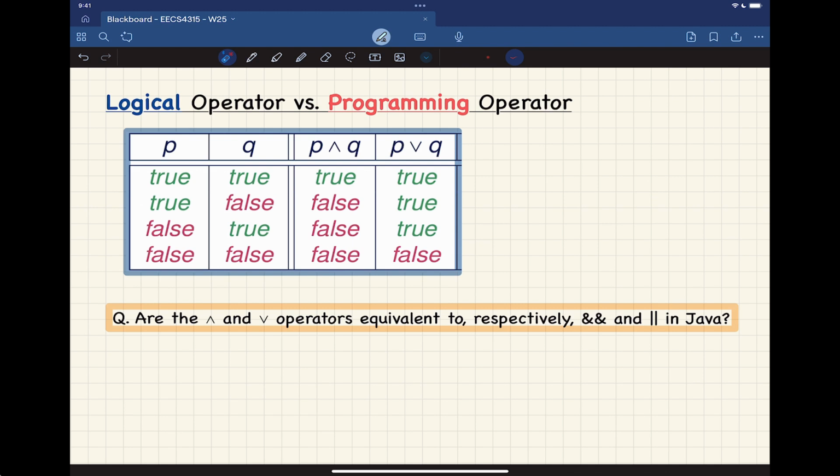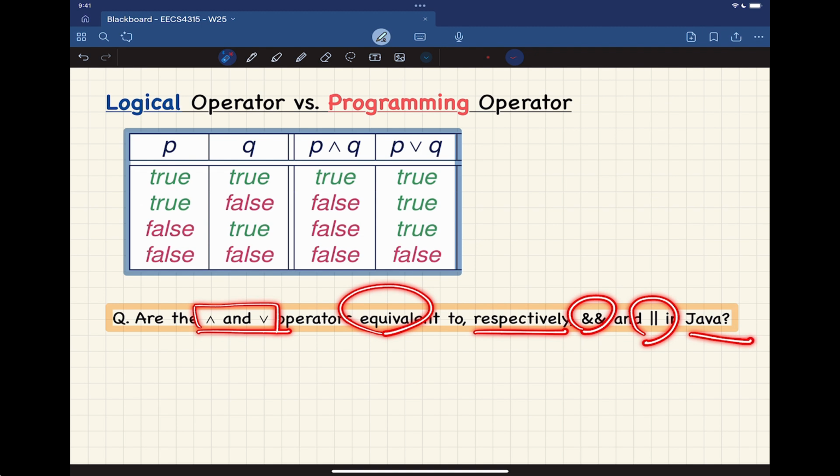All right? Now, this is a very important question. Are the logical conjunction and disjunction operators equivalent to the programming and/or operators in a language like Java, Python, or C#? Are they equivalent?